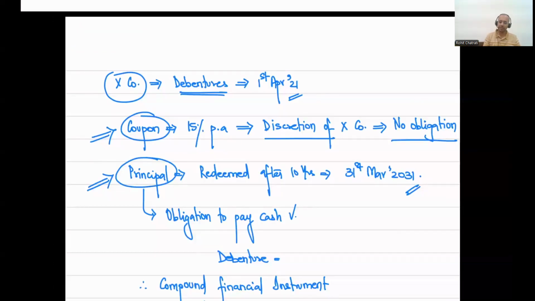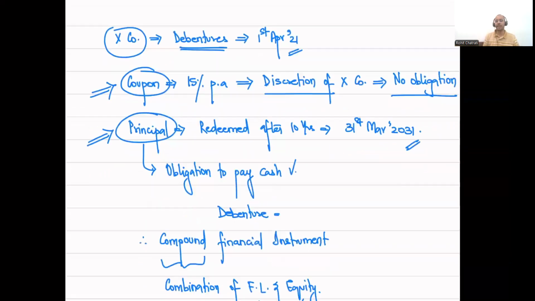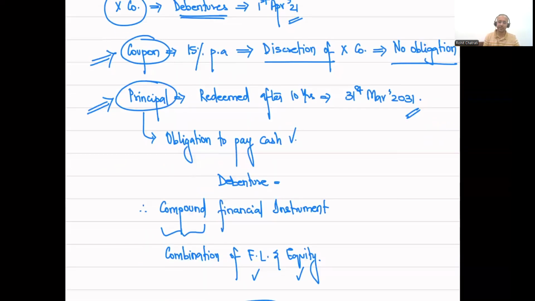Just a quick recap. The coupon on this instrument was not mandatorily required to pay, so X Company Limited did not have an obligation. The principal is going to be redeemed after a period of 10 years, which means that X Company Limited has an obligation to pay, and therefore this debenture is classified as a compound financial instrument.